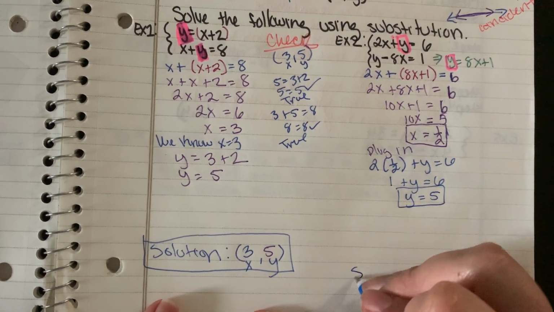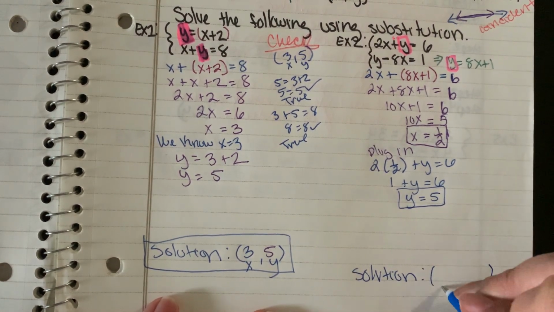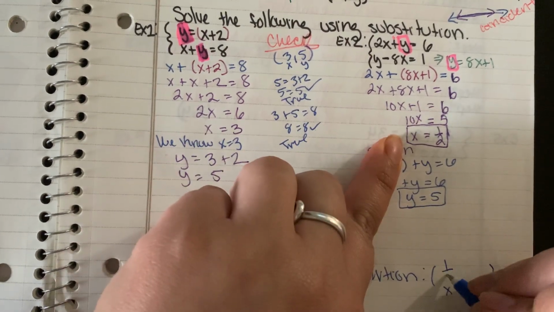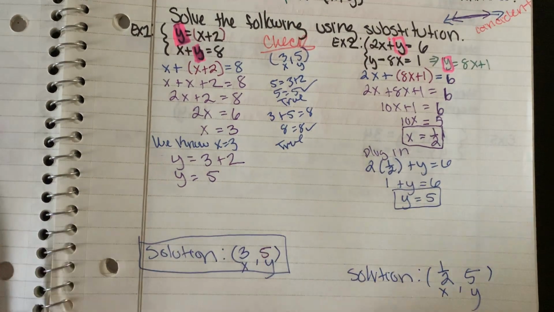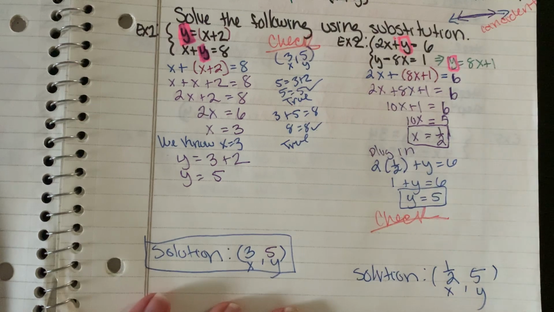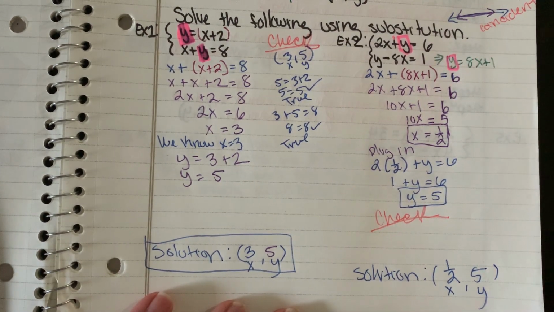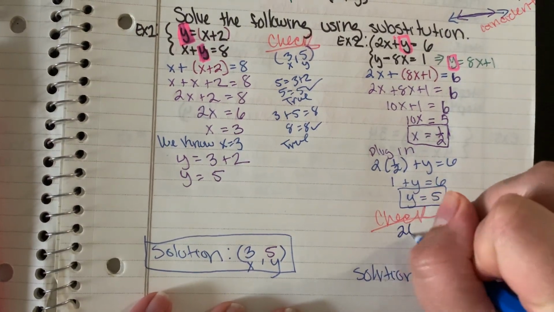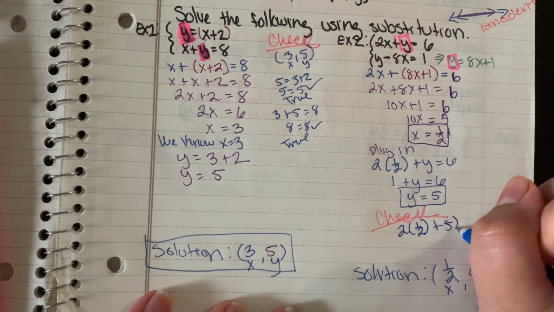So my solution, remember, is an ordered pair, x comma y. My x was 1/2, which you could have plugged in a long time ago, and then your y is 5. Now remember, to check your answer, which I expect you to always do, you would just plug this ordered pair back into the two originals. So you would have 2 times 1/2 plus 5.